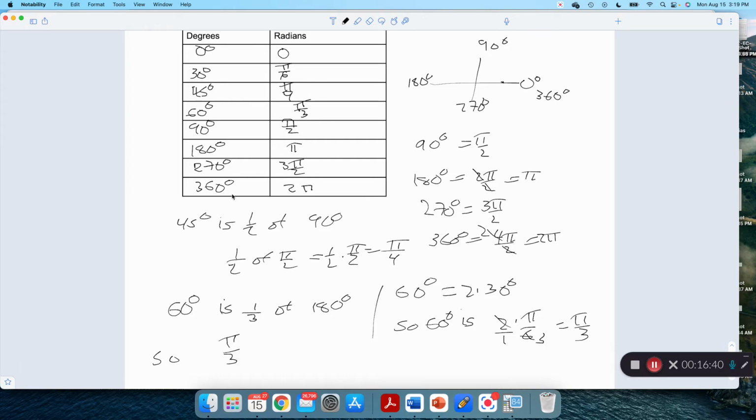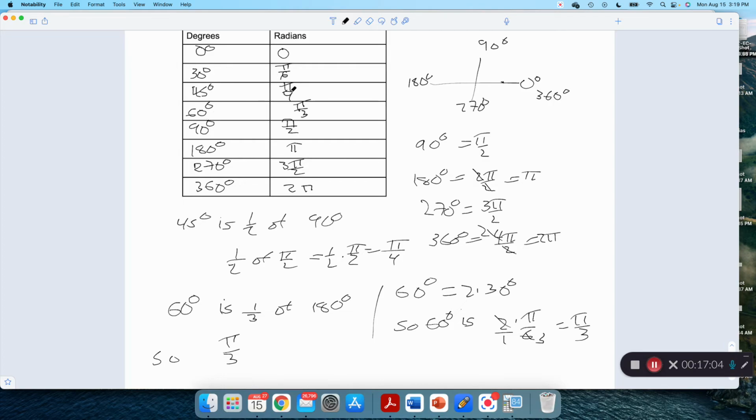Make sure you have this table in your notes. You really just got to memorize this. These are going to come up over and over again almost every day for the rest of the semester. You have to have this table memorized and understand it. The two you're going to have trouble with are 30 and 60. So I recommend thinking like this.